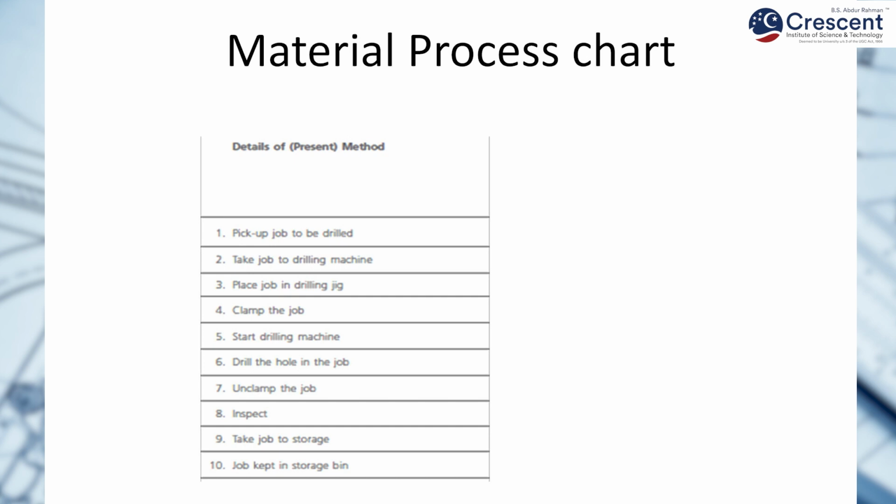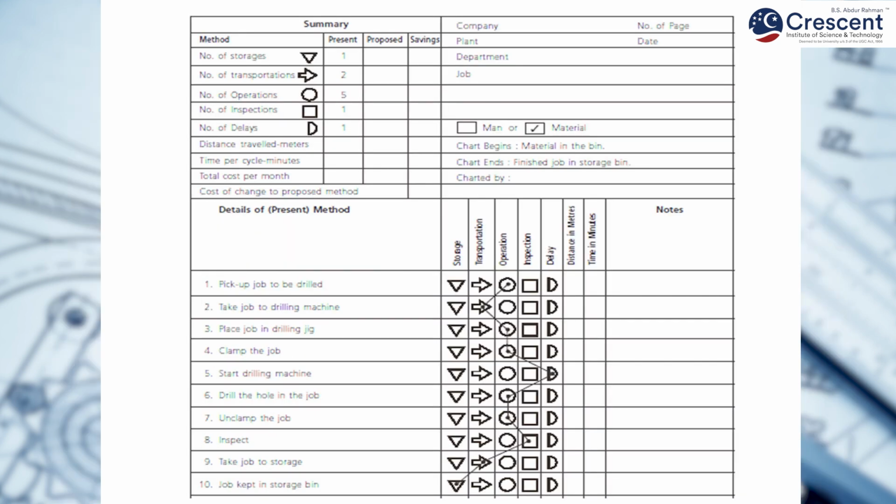Okay. Similarly, there is one example of a material process chart. The operator process chart is also known as the left hand right hand chart. Through that we will try to categorize the activities and show the activities performed by the left hand of the operator and the right hand of the operator. So, in that way the operator process chart is there.